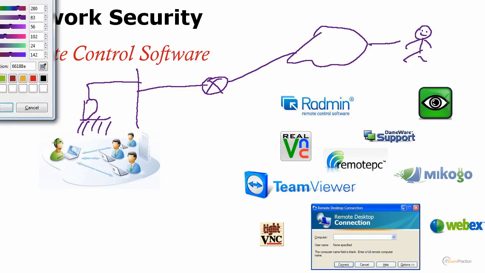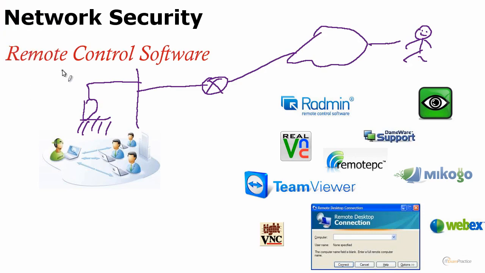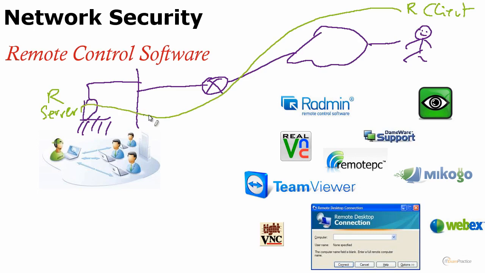You will have, let's say, a Radmin or VNC client here, and here you will have a Radmin or VNC server. It's a client-server solution, and a session will be created between these two sites, right?